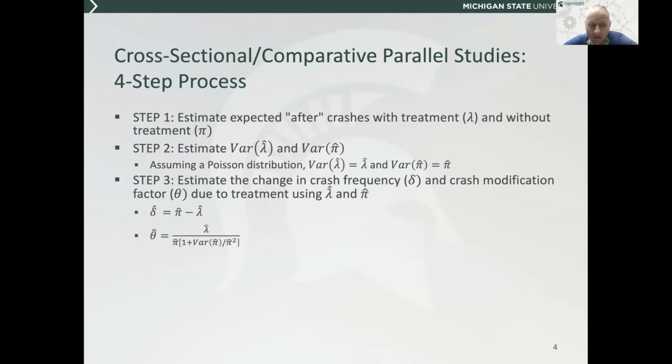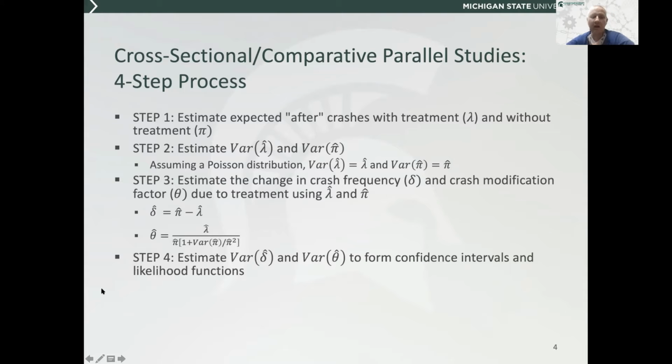Likewise, our index of effectiveness, or CMF, is just the ratio of crashes at the test site over crashes at the control site, with the very small adjustment of 1 plus 1 over pi in this case, which will scale that CMF down slightly, with that scaling being slightly larger at smaller sample sizes.